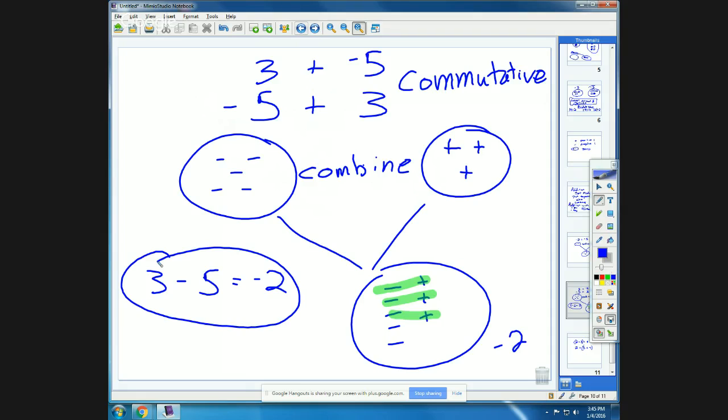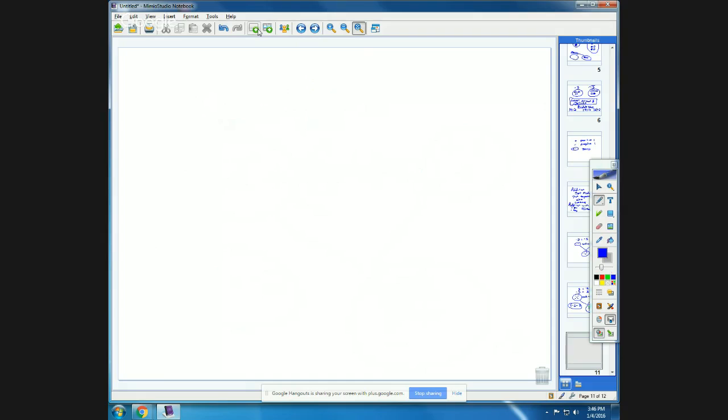Let's try another one. So how about negative 3 plus 4? So if you could draw a model to demonstrate what the answer should be with the charged particles.